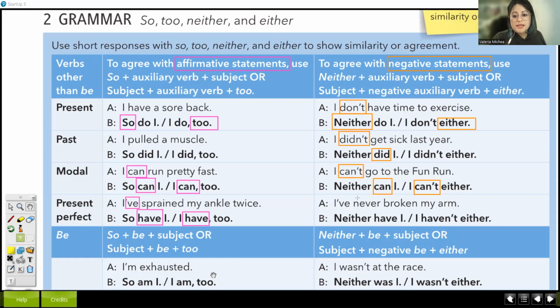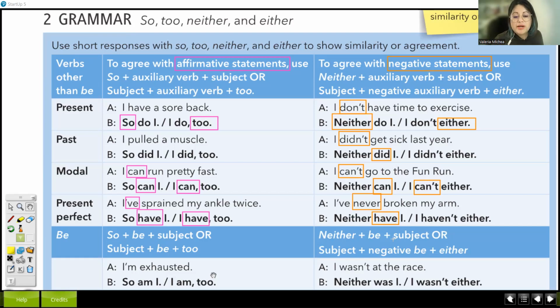Finally, you can have negative sentences in English with never. So you could have "I haven't been to France," or "I've never been to France." Both are negative. In this case, we have one with never. And you need to use have in your answer: "neither have I," or "I haven't either."